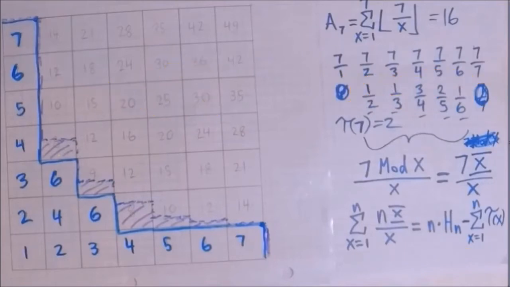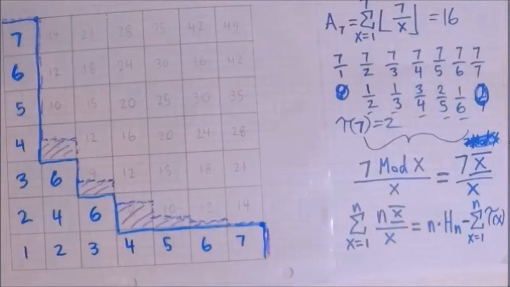Okay, so we want to make this observation. How many times, of all the numbers from x equals 1 up to n, is 1 used as a divisor? Well, obviously 7 times, because it's there for every x. 1 is a divisor of every x.